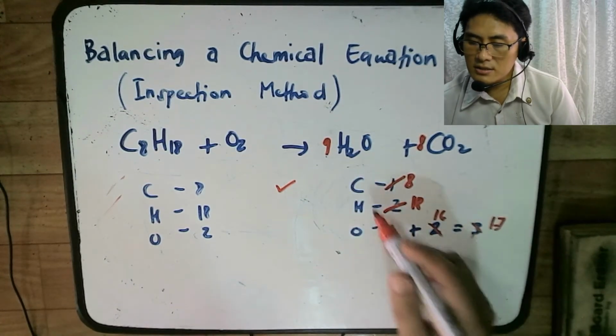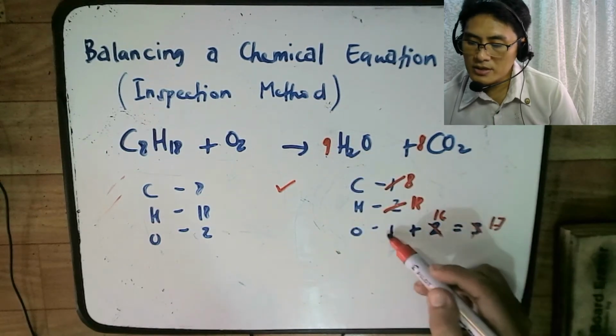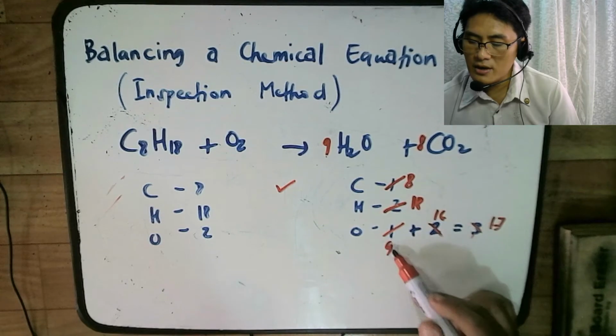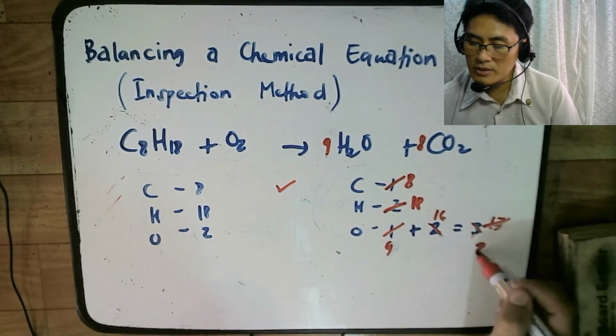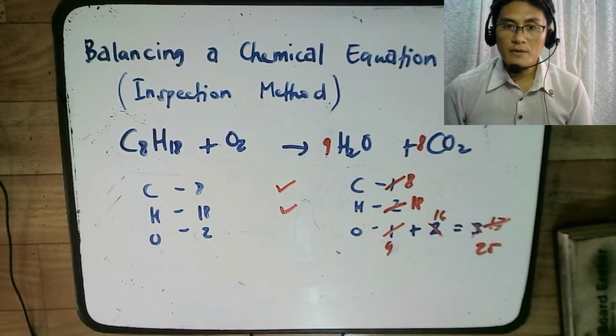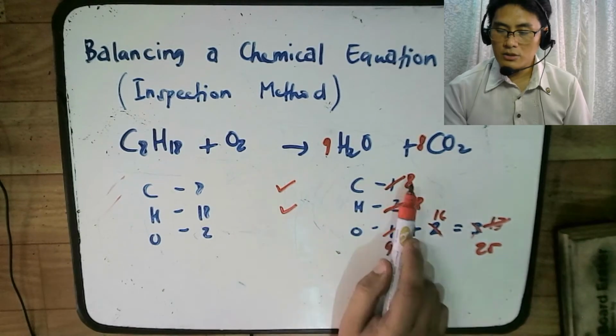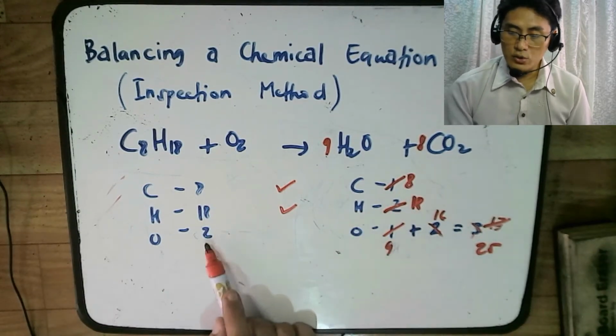So this is the first count of the oxygen, 1 times 9. So this 1 here becomes 9. So you now have 9 plus 16. This becomes 25. So now you've checked the number of carbon, right? So that's 8 equals 8, 18 equals 18, and then you have 2 equals 25.